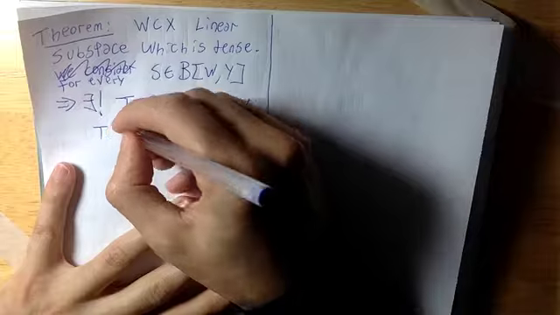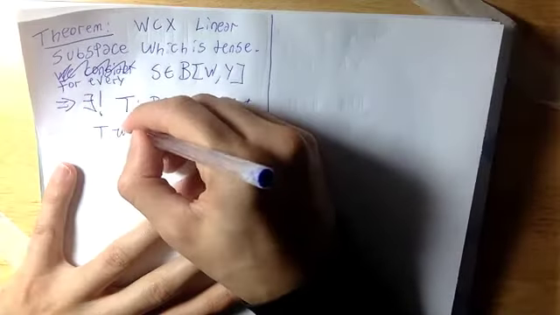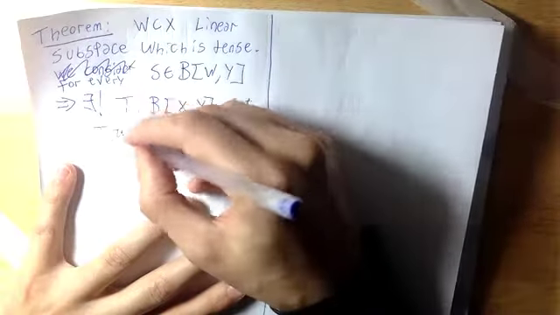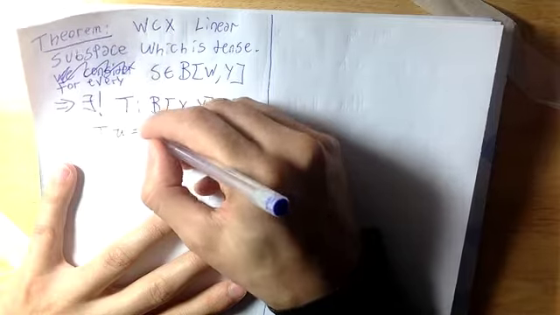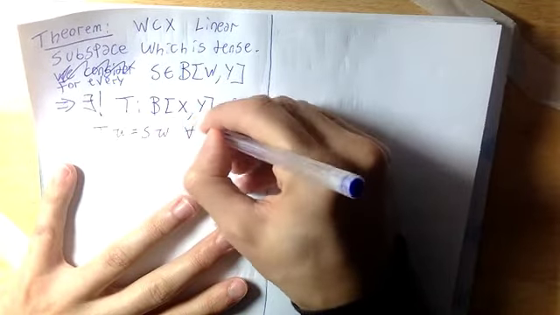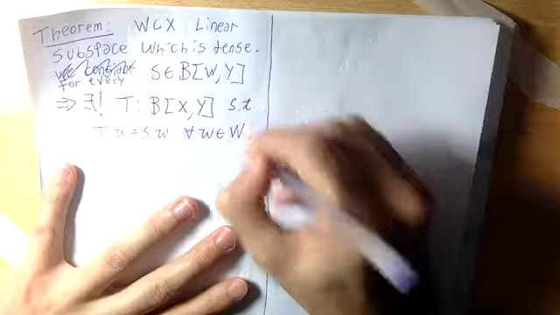So T of omega is equal to S of omega for every omega in W.